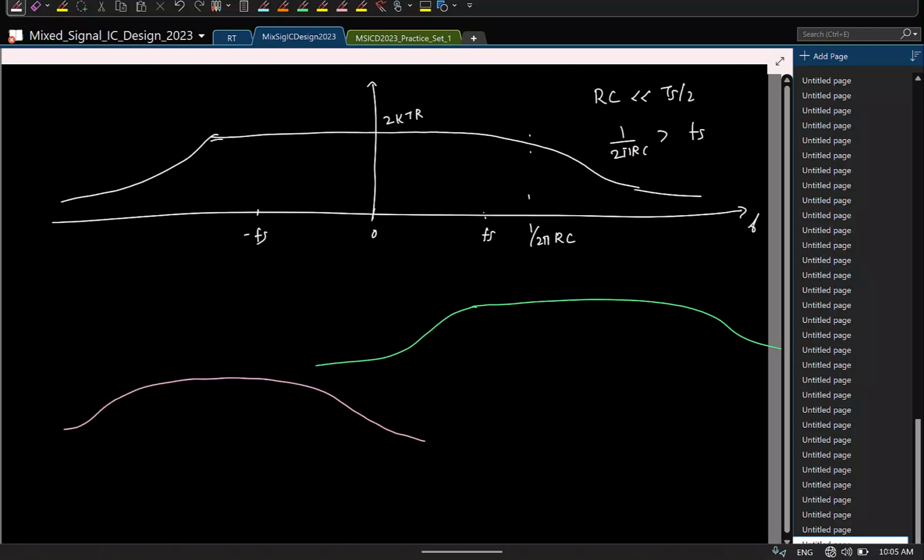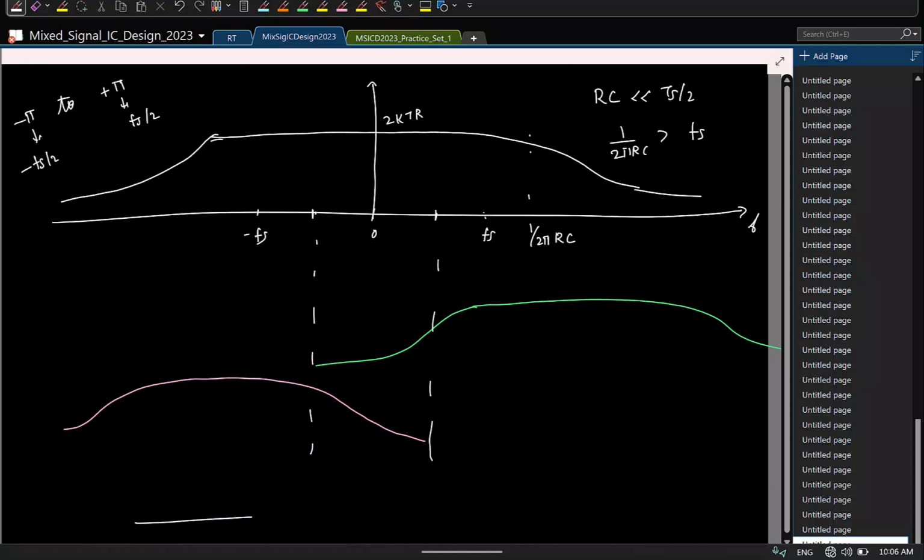In discrete time, I'm looking at a two-sided power spectral density from minus pi to plus pi. This corresponds to what frequency in continuous time? Minus Fs by 2 to plus Fs by 2. So I'll have to look at the spectrum only in this range.